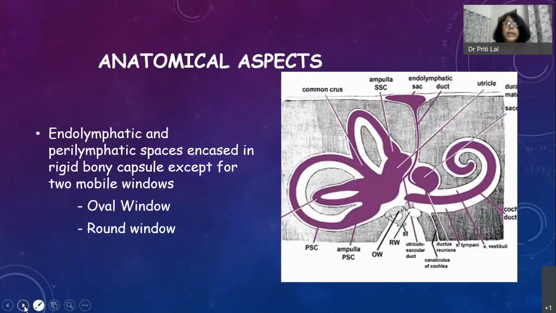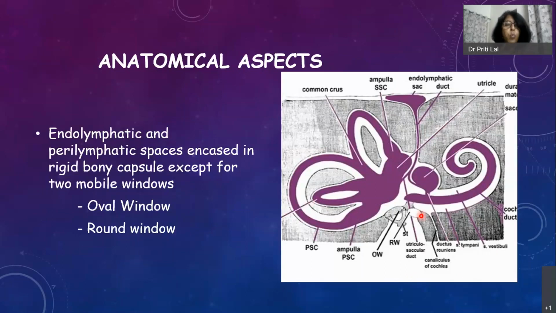Now, before we begin with the third window syndrome, it is important to understand the anatomical aspects which are associated with this. As you all know, the inner ear with its endolymphatic and perilymphatic spaces is completely encased in a bony, rigid capsule which is totally incompressible, except at two sites.